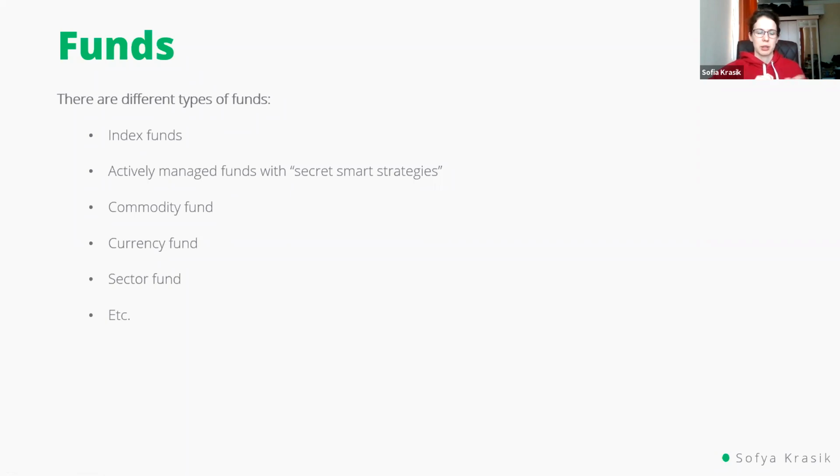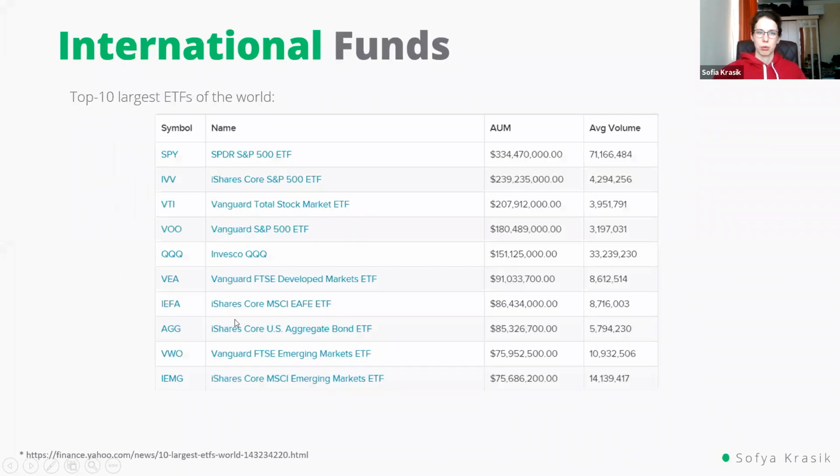I mean many currencies in one basket. A sector fund, for example, could track a metal producers index, or only Russian IT companies or something like this. So different types of funds are possible, with different strategies, different underlying assets, different portfolios.